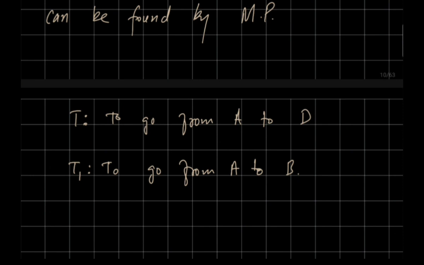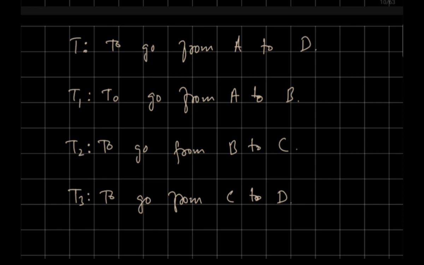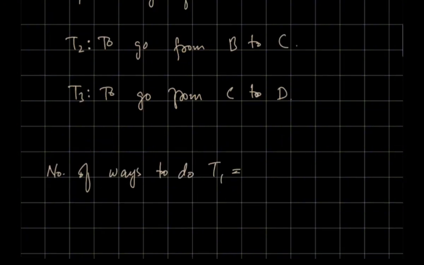In the subtask T1, we will go from A to B. In the subtask T2, we will move from B to C. And in the subtask T3, we will go from C to D.